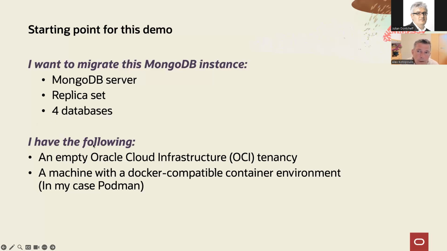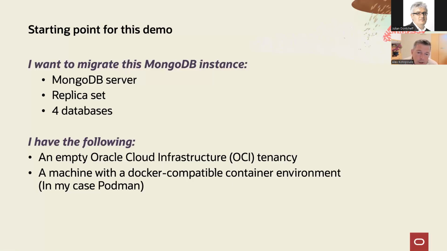So the only things that we have at the beginning of this demo is we have an empty OCI tenancy. So we have the networking setup that's necessary, and if you want to use Autonomous Database, you probably already have that. And the other thing is you want to have a machine where you actually want to run the tool.